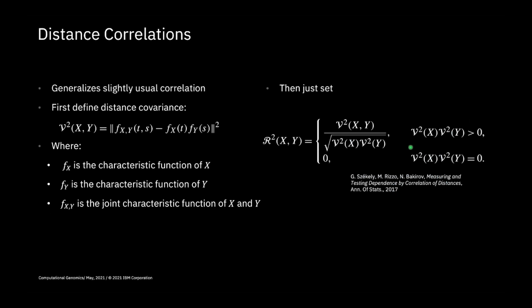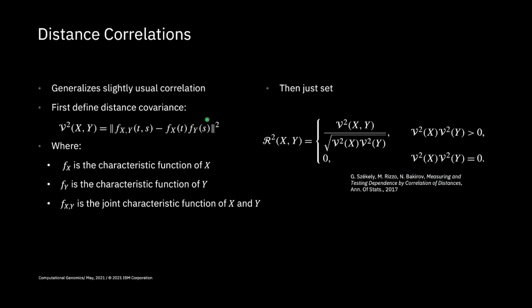So just to give some background on what distance correlations are, this is kind of how you define distance covariance, and you take this kind of norm of these characteristic functions of x and y and their joint characteristic function, and you take this norm.